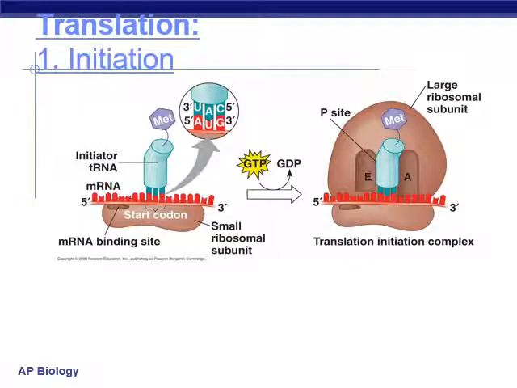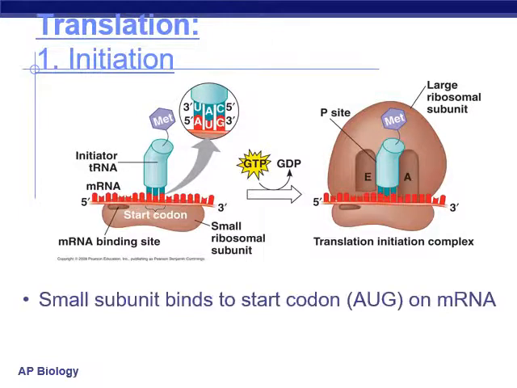The translation process is composed of 3 steps: initiation, elongation, and termination, as in replication and transcription. Translation begins when the small ribosomal subunit binds to the messenger RNA near the AUG codon.